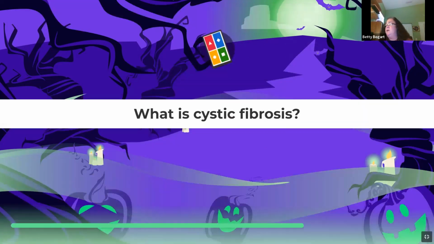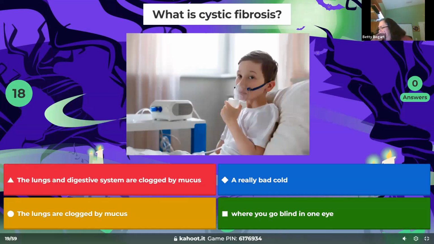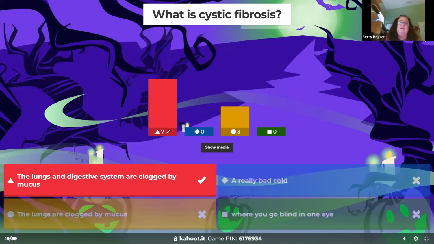What is cystic fibrosis? Now, you get cystic fibrosis, you have a case study coming up on that, which is going to give you some more insight into it. I hit it a little bit here with some really good information for you. So cystic fibrosis is an autoimmune disease where the small intestines get filled with mucus and so do the lungs.